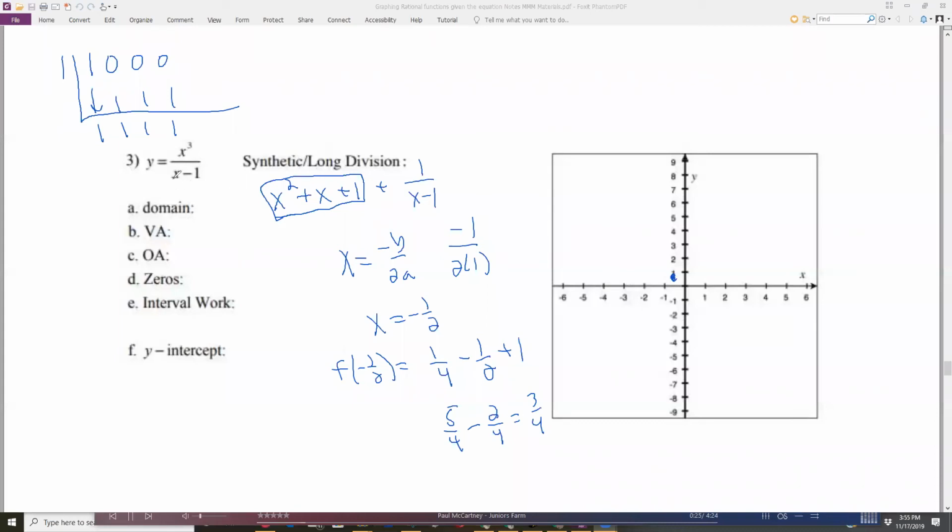I know this graph has a y-intercept at 0. Let's see, I'm getting ahead of myself. Here's not really a slant asymptote. It's actually a parabola. I know there's a vertical asymptote at x equals 1. The domain doesn't include 1, and that's because of the denominator.